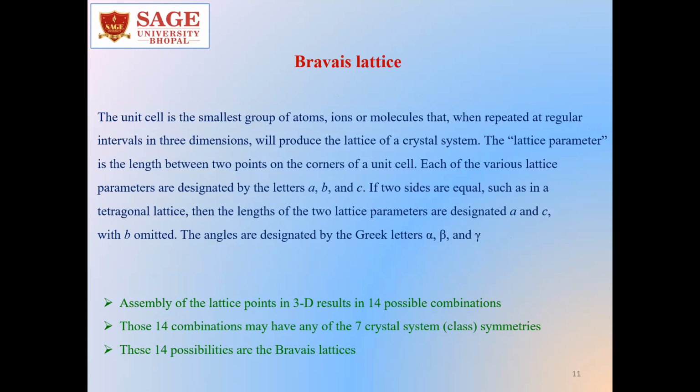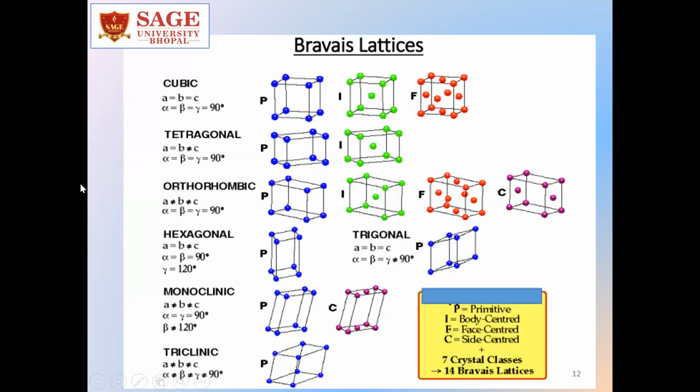So we can say assembly of the lattice points in 3D results in 14 possible combinations. Those 14 combinations may have any of the 7 crystal systems or symmetries. These 14 possibilities are the Bravais lattices.